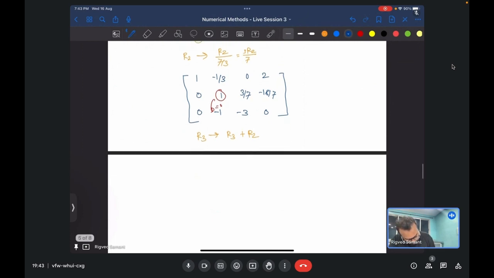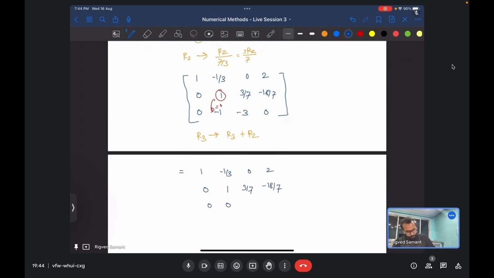So what we get is 1, minus 1 by 3, 0, 2; 0, 1, 3 by 7, minus 18 by 7; 0, 0.